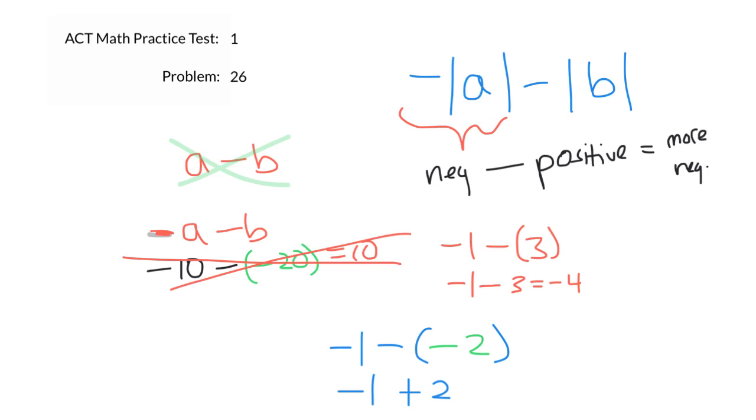As long as it clicks conceptually, the chances of you being fooled by a problem like that again are drastically low, because you'll start to think in these terms: this whole thing would always turn out to be negative, you'd be subtracting a positive number. What happens when you have a negative number subtracting a positive number? Oh, you get even more negative. So there's just no way this result could be positive. So K is the answer.